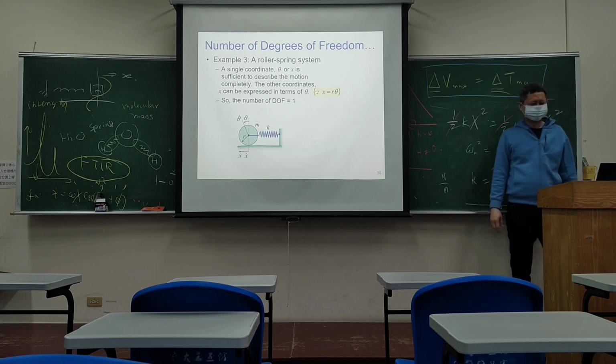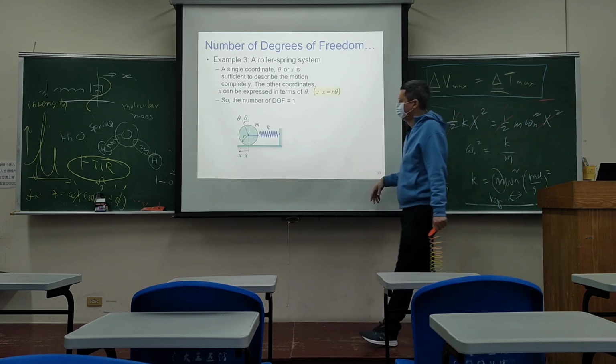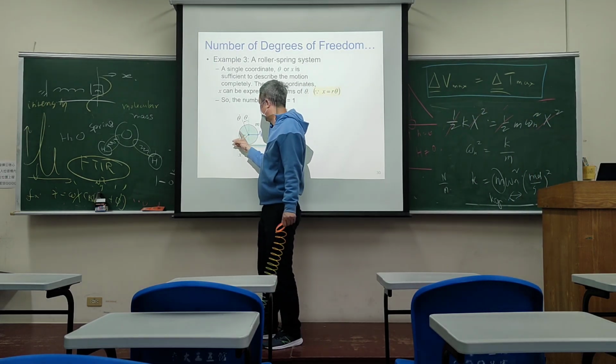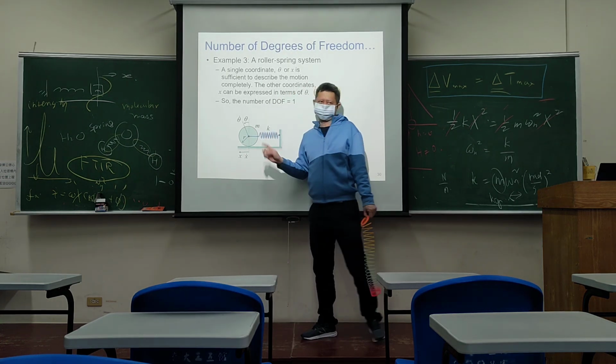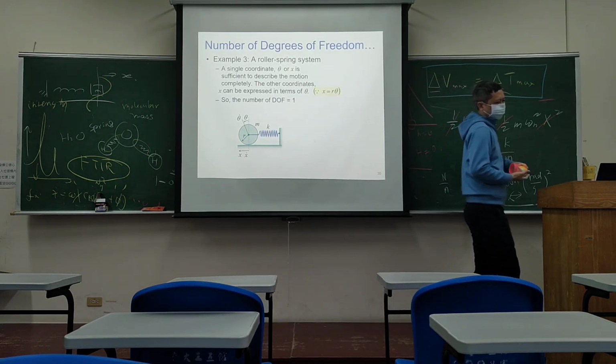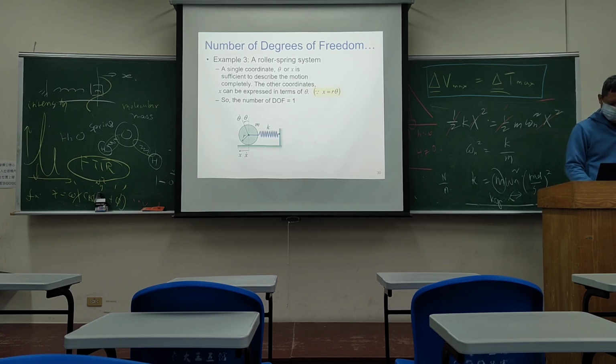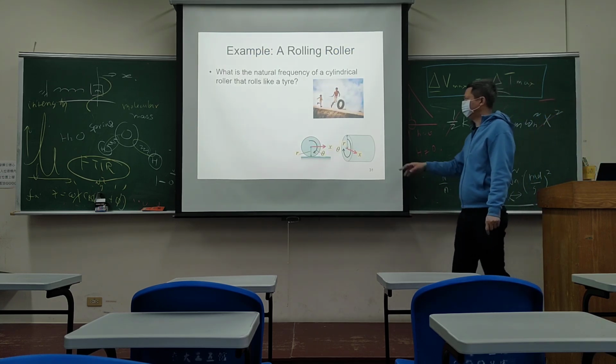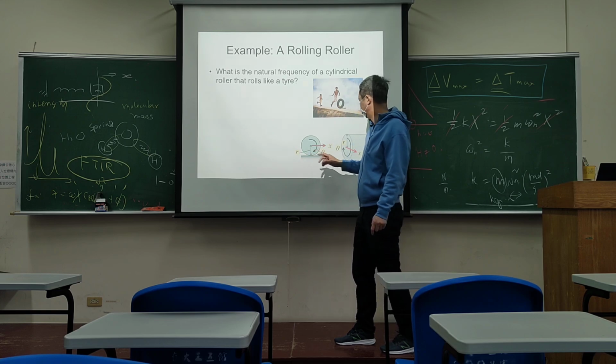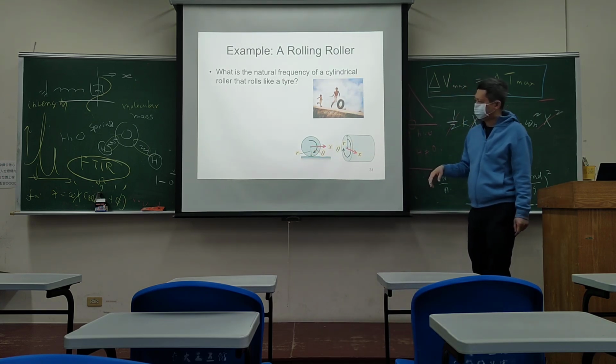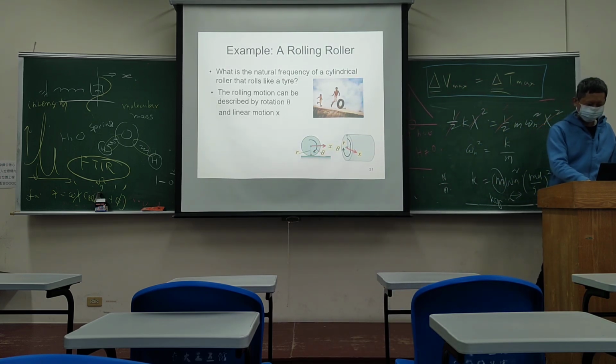Okay, now next we come to one example. How can you determine a roller on the spring? Okay, and find out the natural frequency. What makes a roller? A roller, just like a wheel, it will turn. Okay, and you also know the moment of inertia.